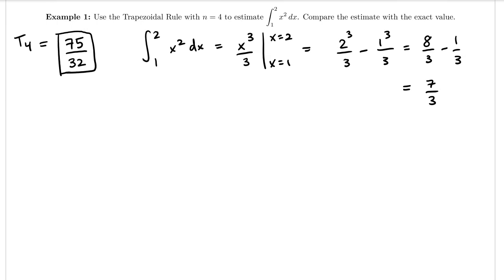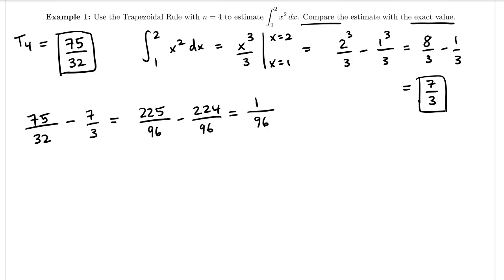So our approximation was 75/32, and our exact value was 7/3. It asks us to compare, and one way we could do that is look at the difference between the two numbers. I subtracted the two numbers, simplified, and got the fraction 1/96.